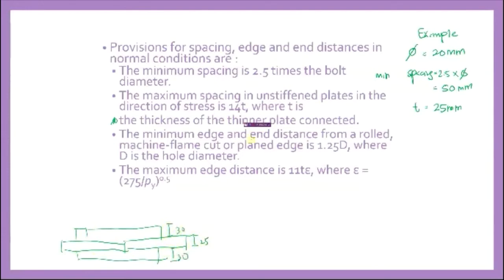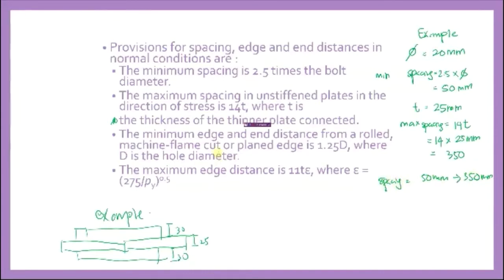You take the thinner plate connected, and 25 is the lowest. Maximum spacing should be 14 times 25 mm. Spacing must be between 50 mm and 350 mm. You can put any number between this.